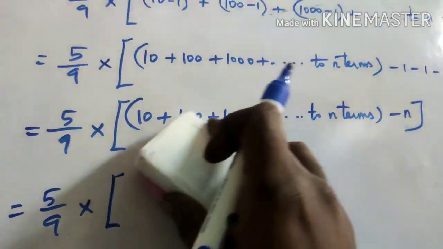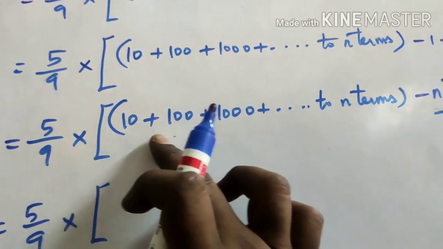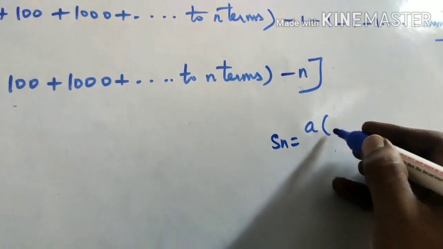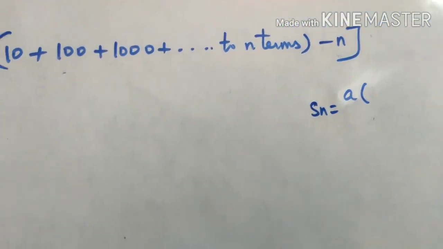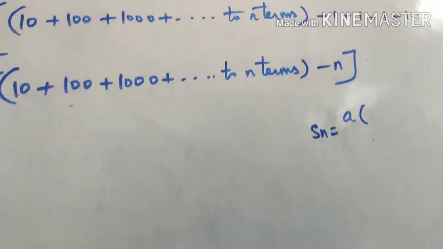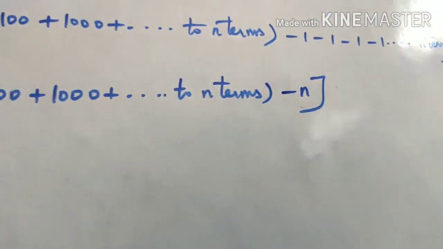Okay. So I am going to use the formula for this given GP. So what is the formula? Before writing the formula, we should find R, because there are two formulas.